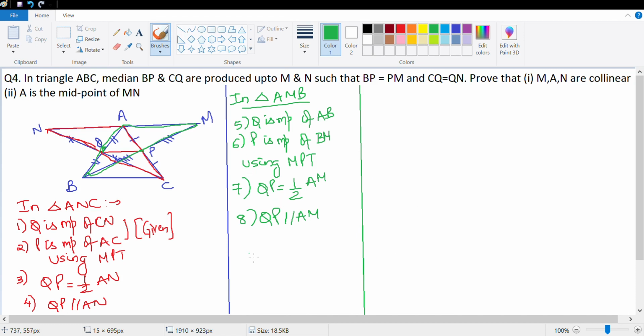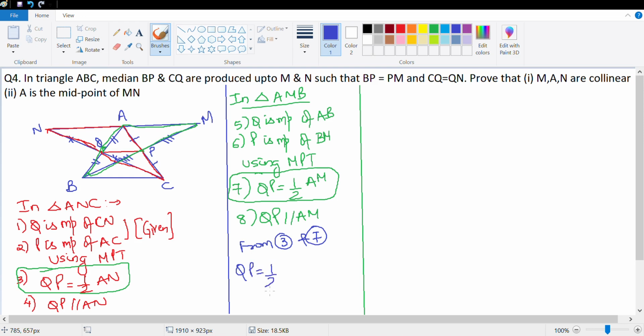So let's see this part, number 7 and number 3. What does it give us? From 3 and 7, what I get is QP is equal to half of AN is equal to half of AM. This is my number 9. What I get then is AN is equal to AM.